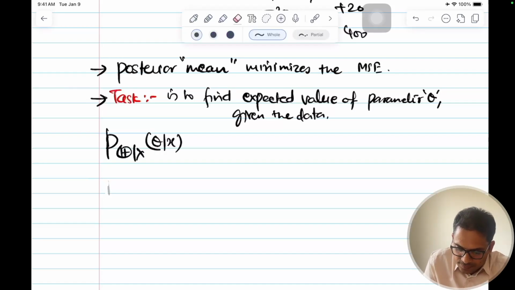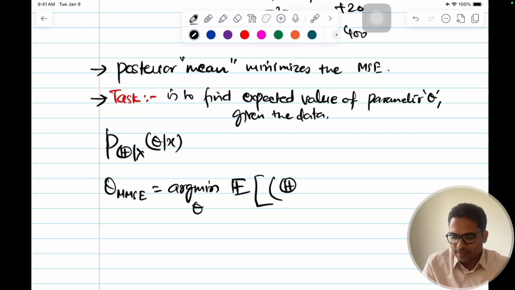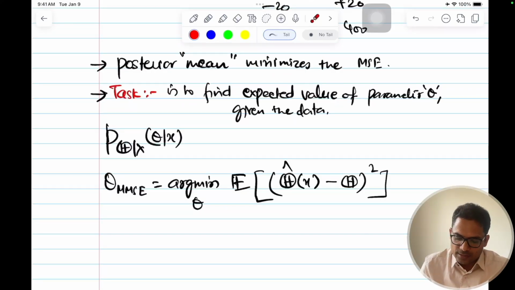My theta MMSE will be equal to arg min over theta of the expected value of the mean squared error, so the predicted theta of x minus the actual theta, whole square. The expected value of this we want to minimize, and this expectation is taken over my posterior.